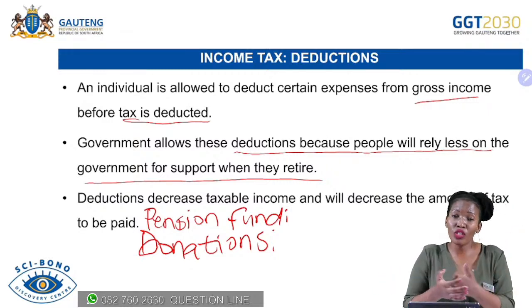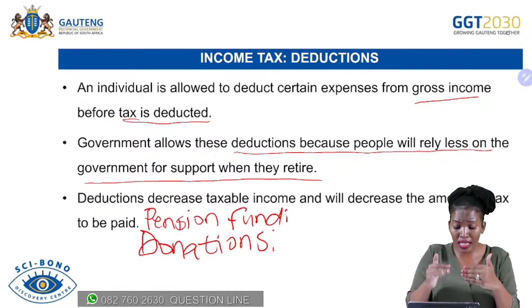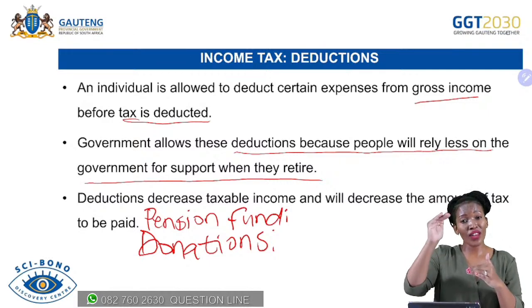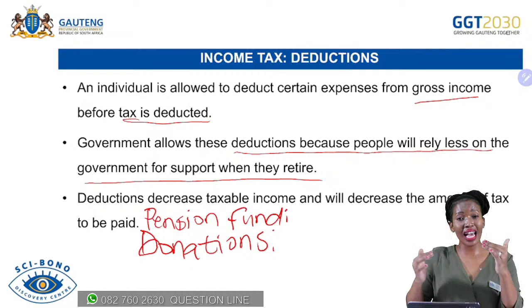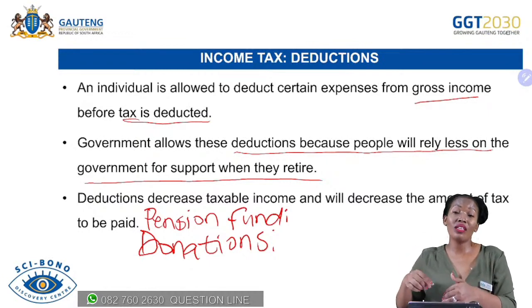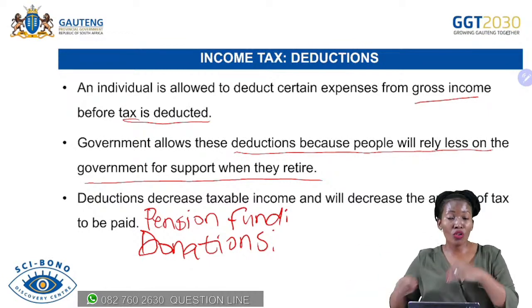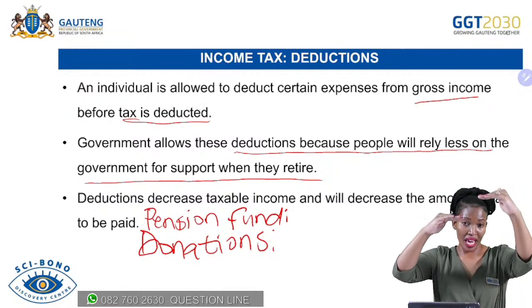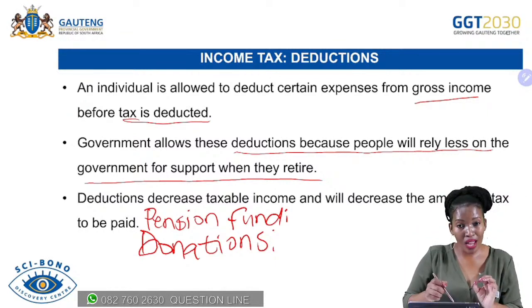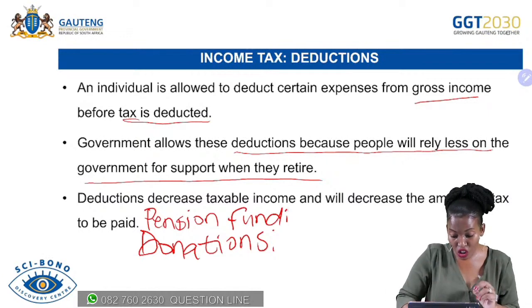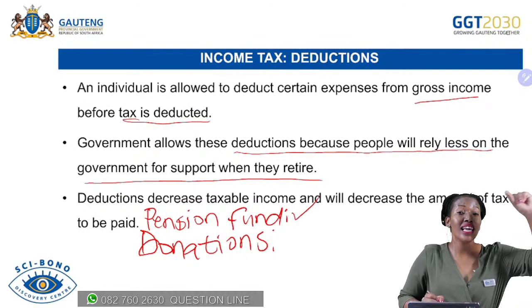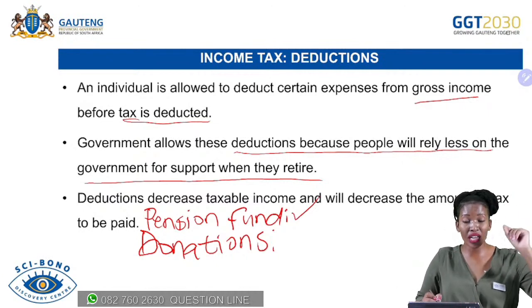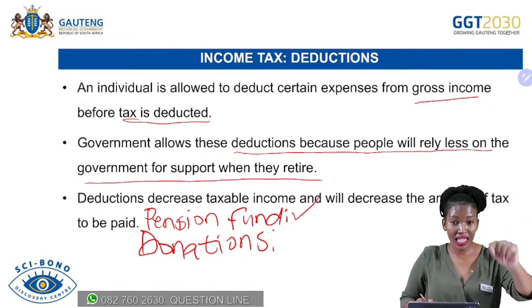You will see when we work with tax, we work with different brackets. So any extra amount that comes to you actually means more tax, because the more money you earn, the more tax you are going to pay. This is the reason why when someone contributes to a pension fund, we are not going to tax them, because at a later stage, when they claim their pension fund, they are going to be taxed.